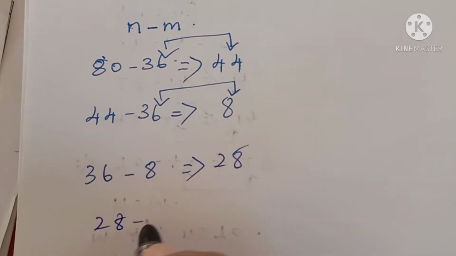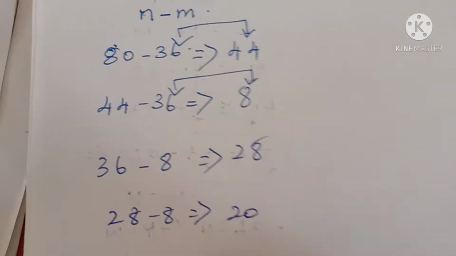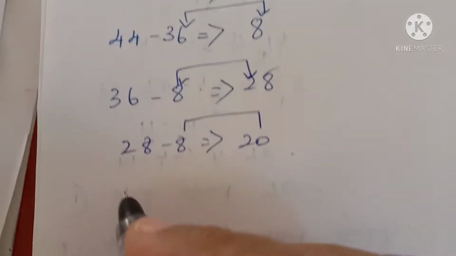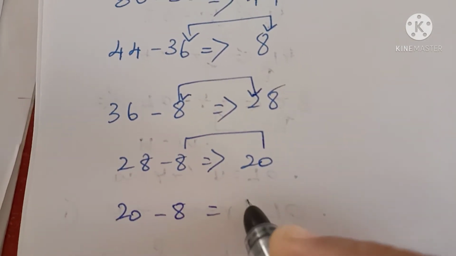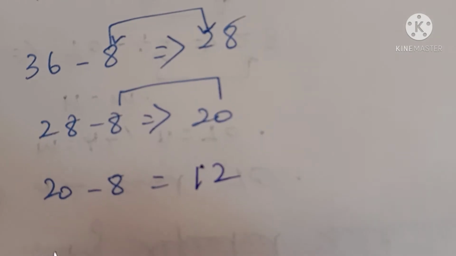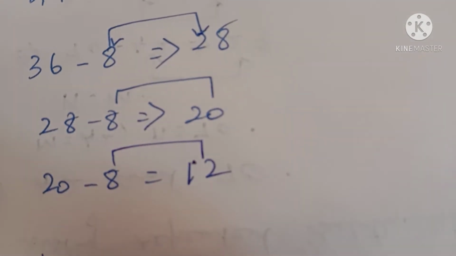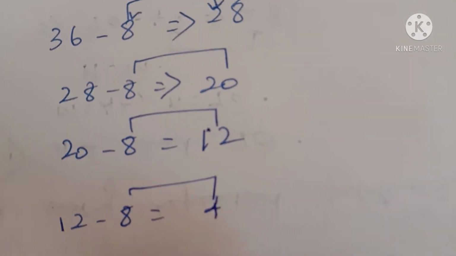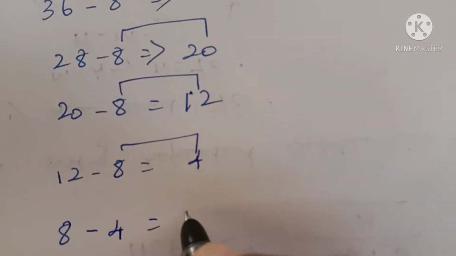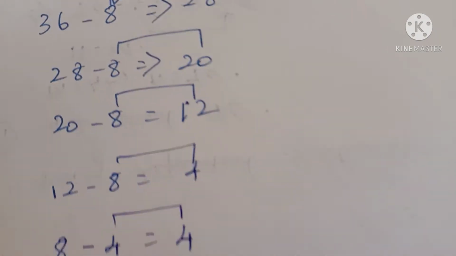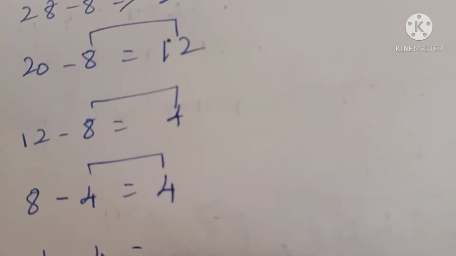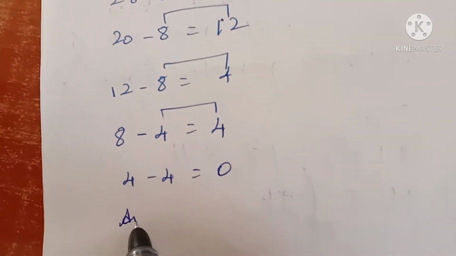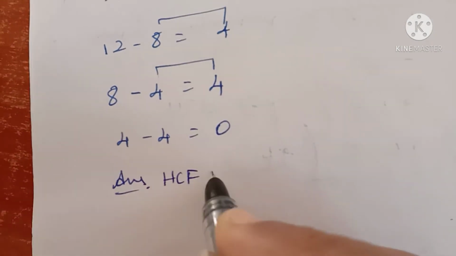Then 28 minus 8 is equal to 20. 20 minus 8 is equal to 12. Then 12 minus 8 is equal to 4. 8 minus 4 is equal to 4. Then 4 minus 4 is equal to 0. Therefore, your answer is HCF is equal to 4.